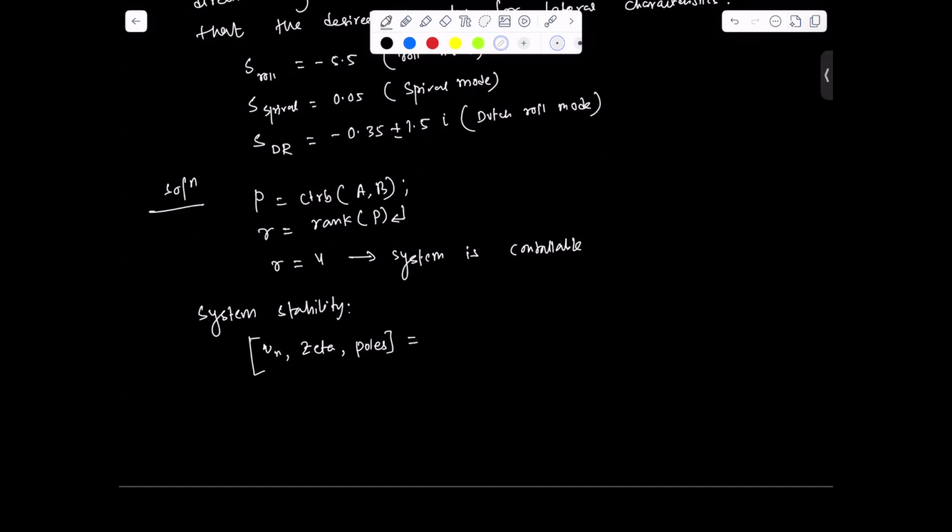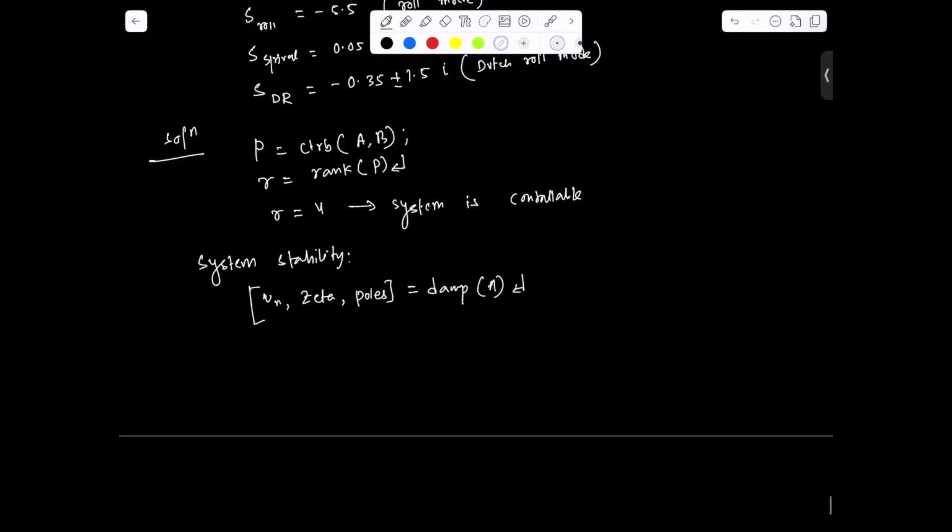So this will give you the open loop system characteristics. Then if you enter A, we have the natural frequency vector.